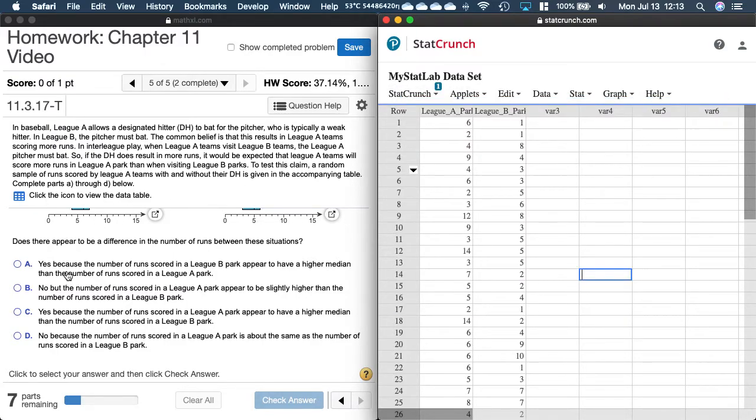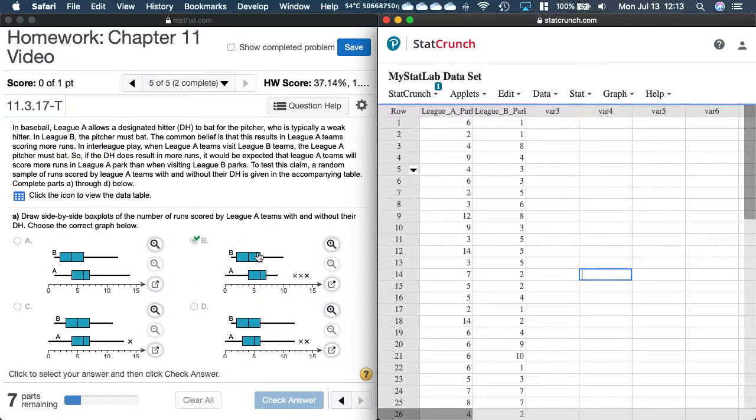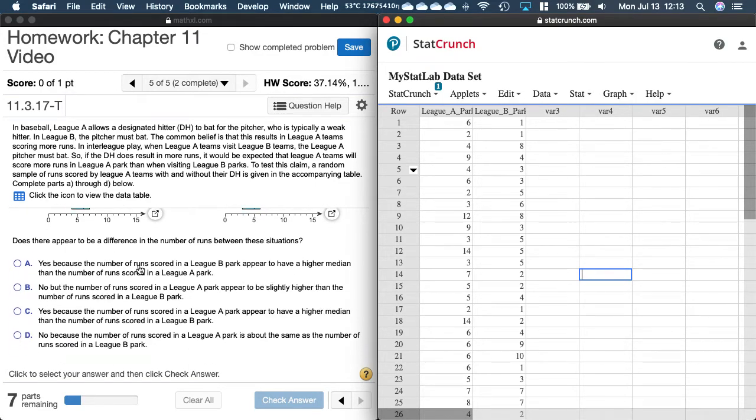So for this one, does there appear to be a difference? Yes. So if we take a look here, notice here's the median for, let's get the right graph. The median's here and the median's here. So the question is, does there appear to be a difference in the medians? You either think there is or you think there isn't.